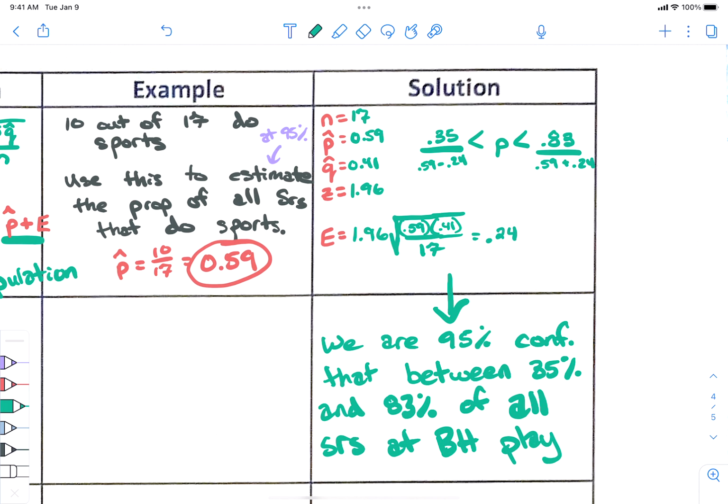Because what we're trying to do is use these numbers to estimate the population. So we're talking about all seniors rather than just the seniors in this room. Does that make sense?